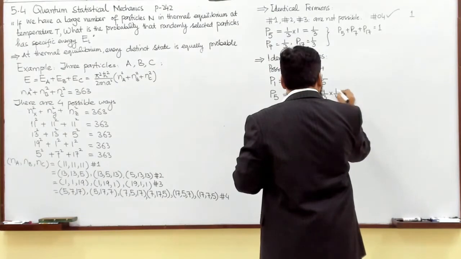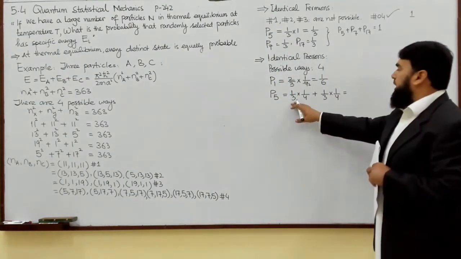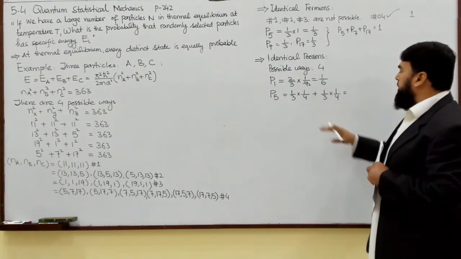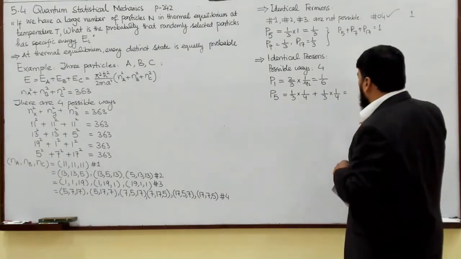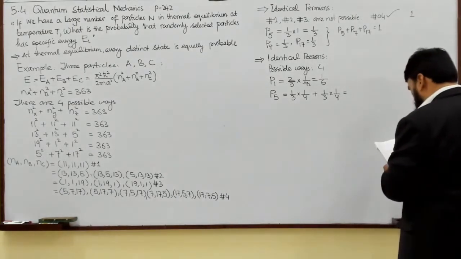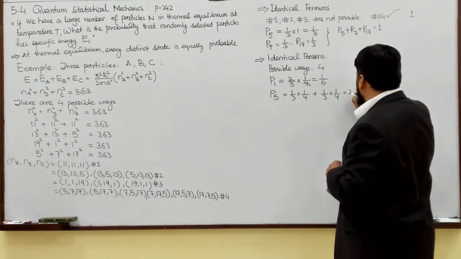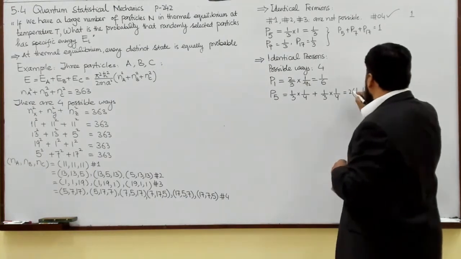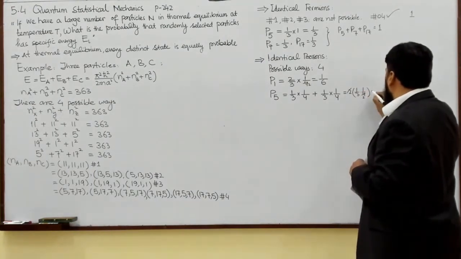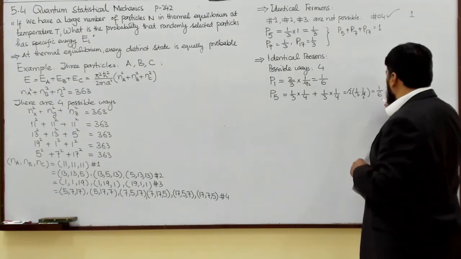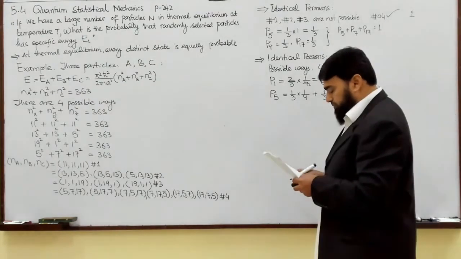So it will be the same thing, 2 into 1 over 3 into 1 over 4, and it will be simplified and we will get 1 over 6 here.